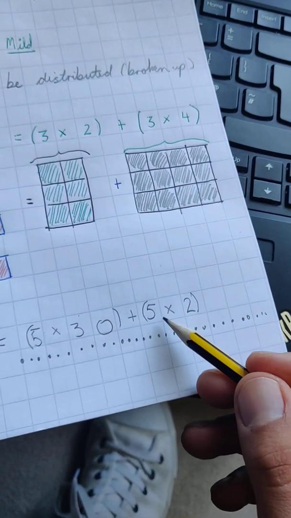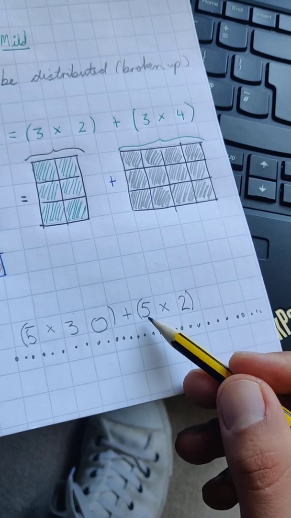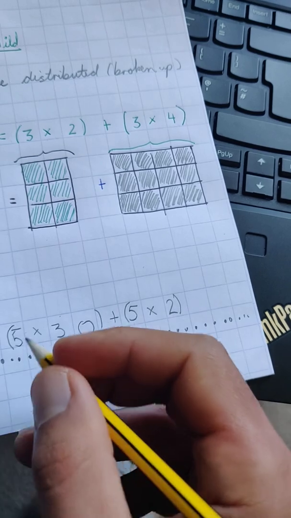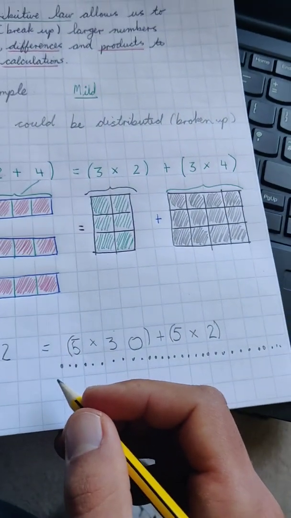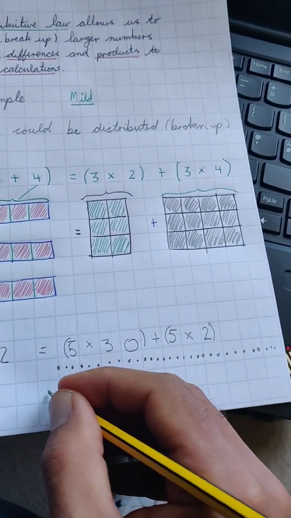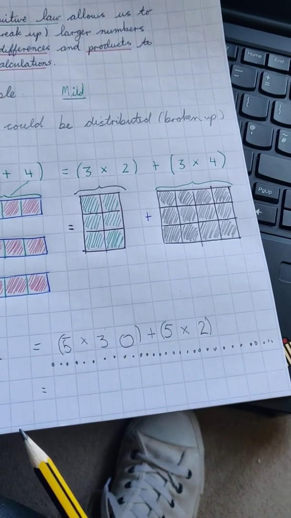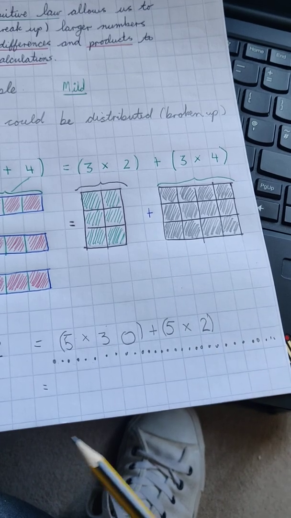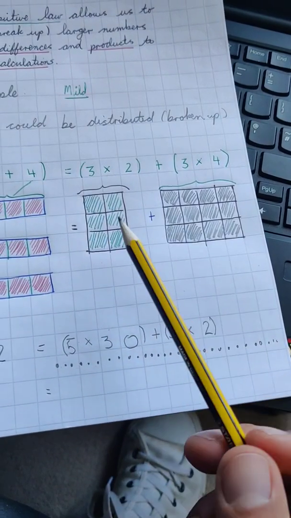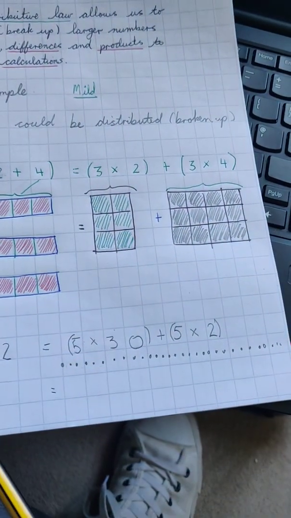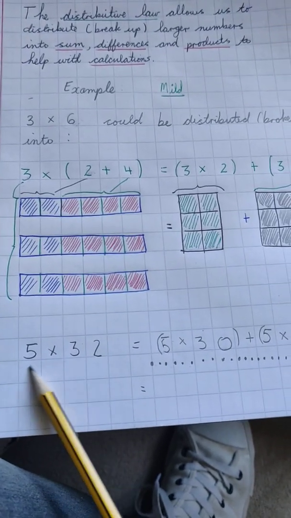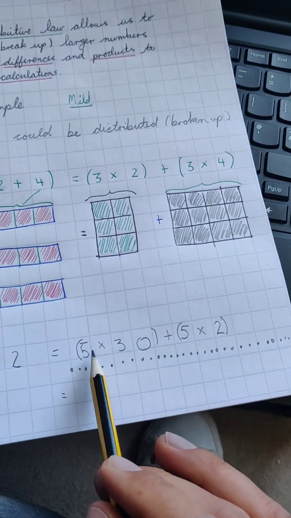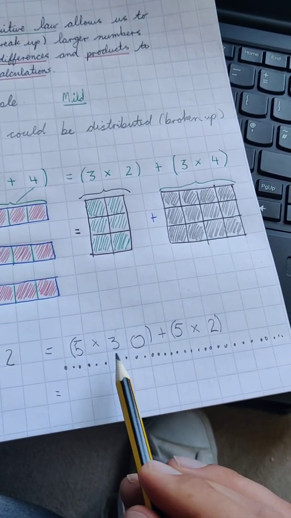And then the same thing for my other one would be 5 lots of 2, and I will do this very abstractly just for you to see, but again using either an array or just dots like I've done here to show the representation, and you can select any type of multiplication to do that. So again, let me just continue with this. So that's 5 times 30.